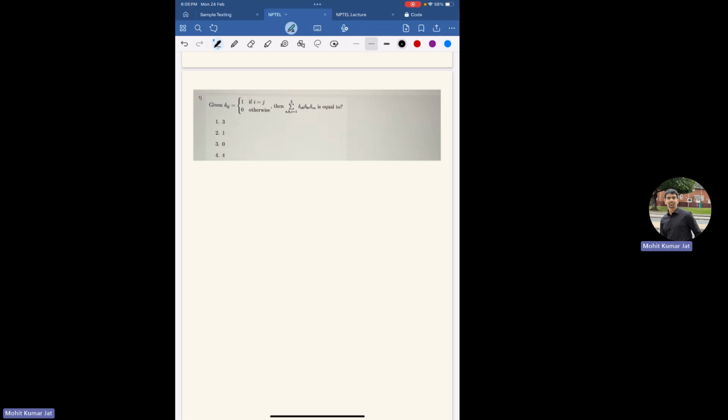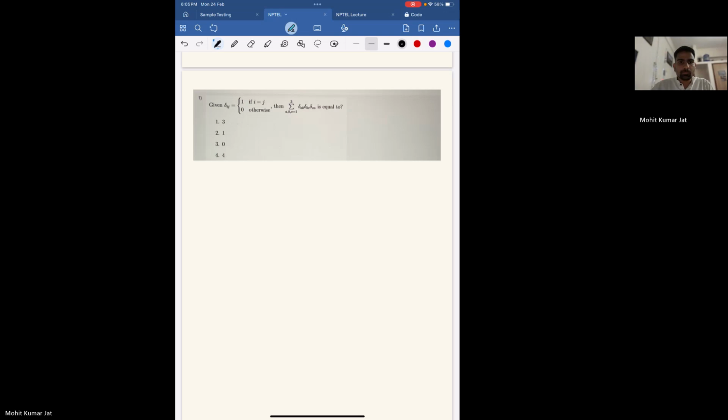The first question says that the delta ij, the Dirac delta function, is 1 if i is equal to j and is 0 otherwise. Whenever i is not equal to j, the function will take the value 0.